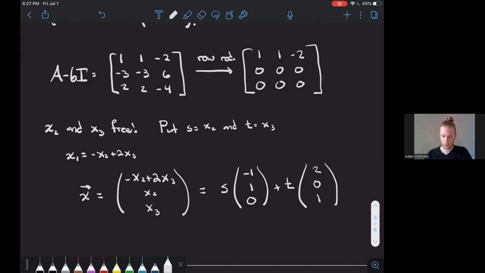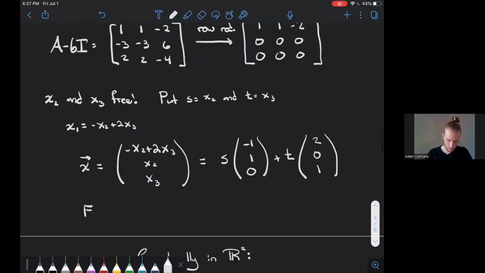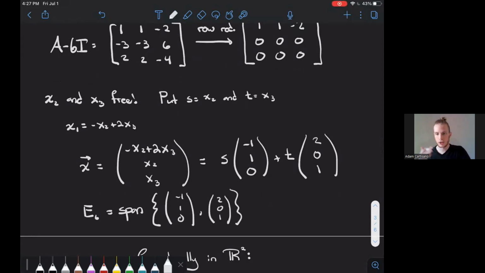This is a two-dimensional subspace. And in fact, E6 is none other than the span of these vectors, negative 1, 1, 0, and 2, 0, 1. A two-dimensional vector space, subspace.